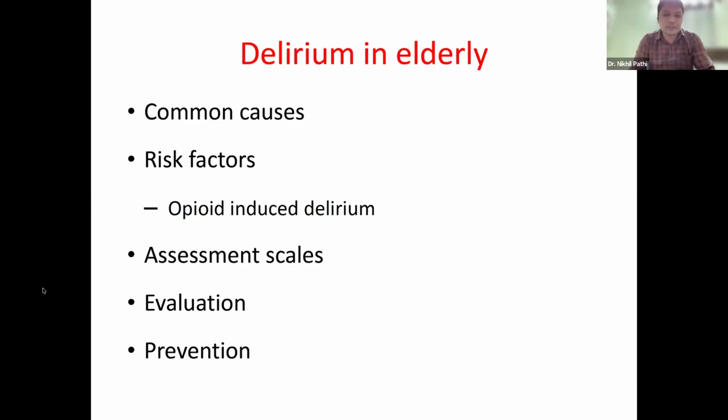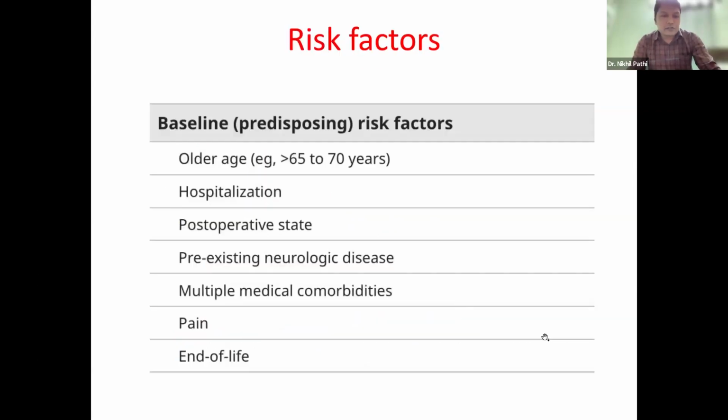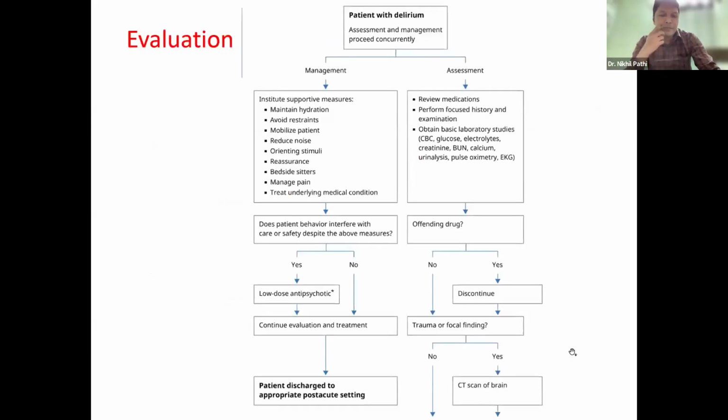Okay. So I think we have fairly covered delirium in the elderly. It is defined as an alteration in attention, consciousness, and cognition with a fluctuating course, sometimes associated with psychomotor behavioral abnormalities, which is not explained by a pre-existing or underlying neurocognitive disorder. We have also seen that higher age, prior hospitalizations, post-operative status, pre-existing neurological conditions, multiple comorbidities, and multiple medicines all predispose patients to delirium.